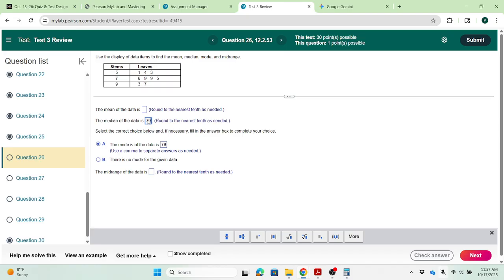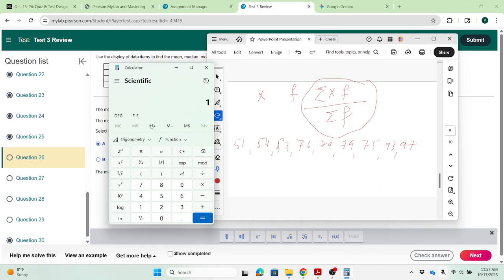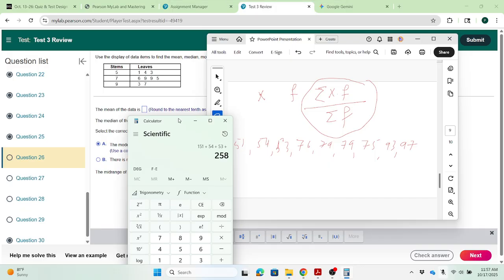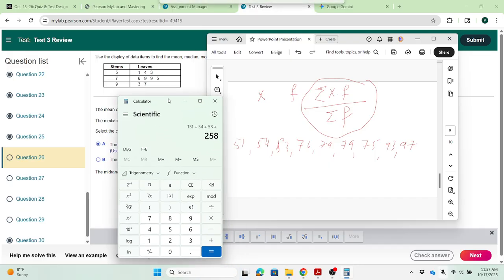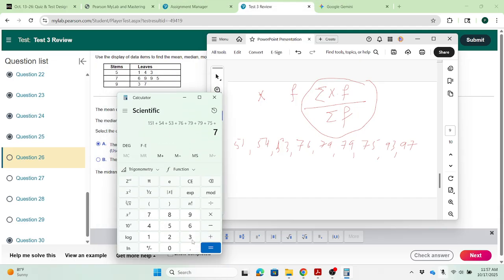For finding the mean, you can add all these numbers and divide by 9. So I can use a simple calculator, which is 51 plus 54 plus 53 plus 76 plus 79 plus 79 plus 75 plus 73 plus 77.